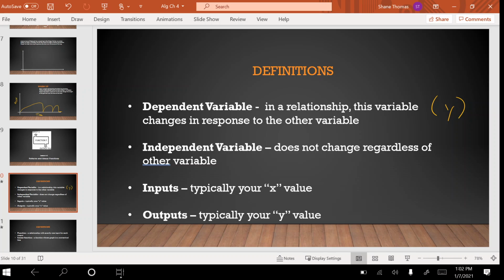Independent variable, it does not change regardless of the other value. This is the one that you would plug in. Most times this is going to be your x. You have inputs into your function. Your inputs is typically your x value. Outputs are typically your y value. So those are just a couple things. So you've heard them, and we can go on to take a minute. If you're writing it down, take a minute, go ahead and write those down.